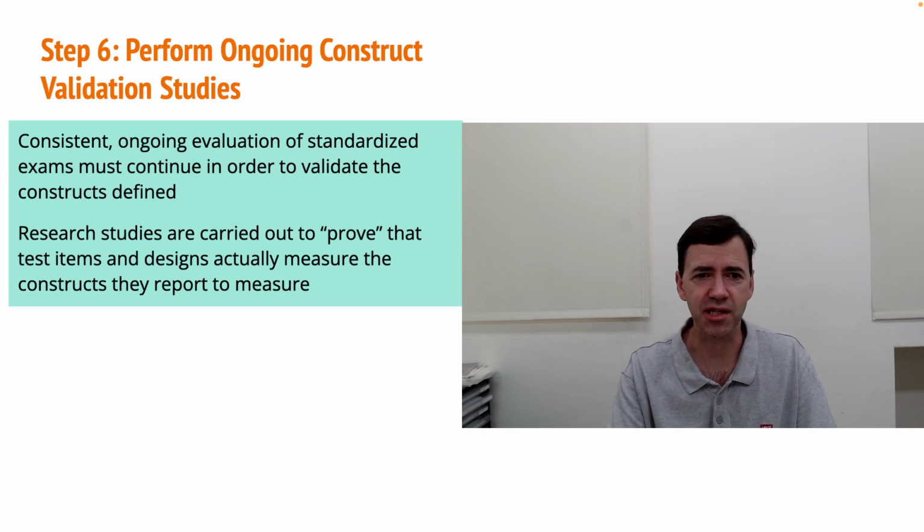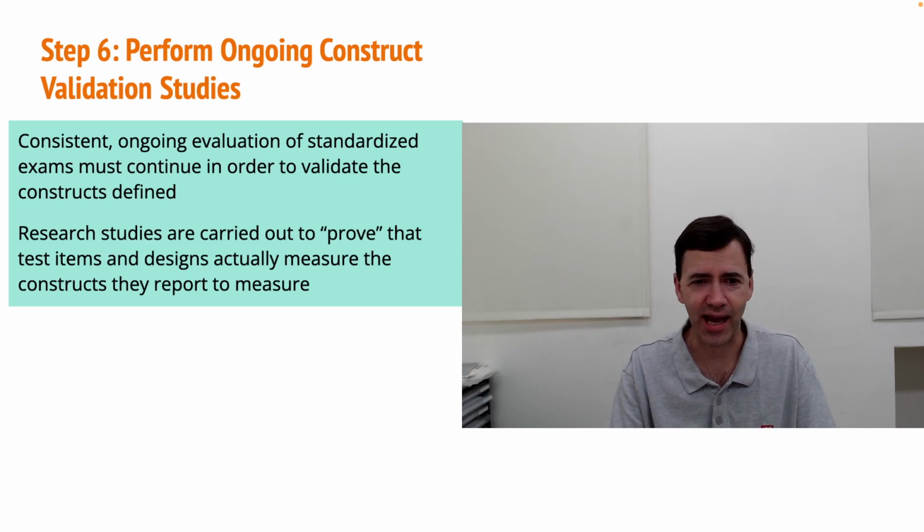Okay, step 6 is to perform ongoing construct validation studies. So I mentioned in the beginning that you should learn about construct validation. But all I want to say about that is when these standardized tests are designed and they want to test the validity of the constructs that they're assessing, it is actually a consistent and ongoing evaluation.